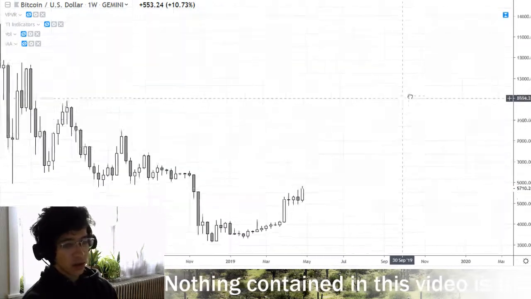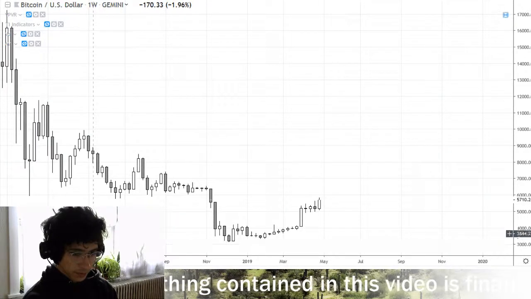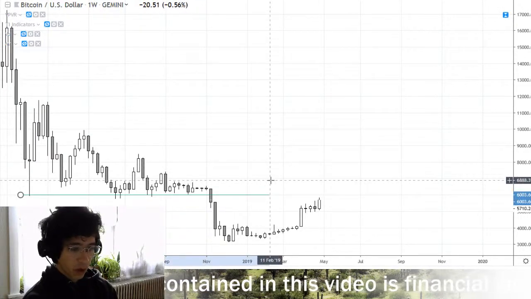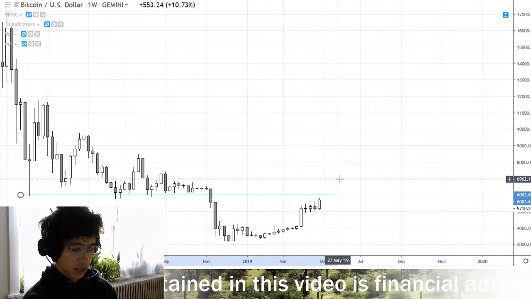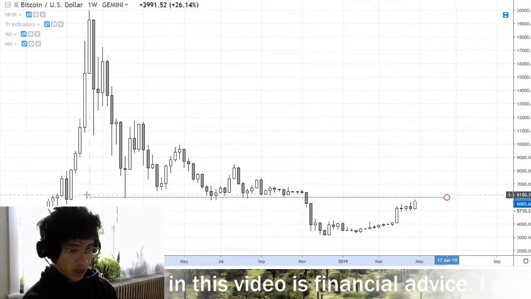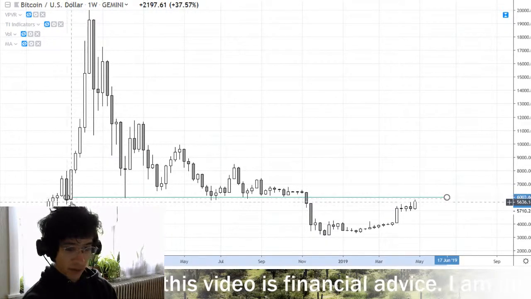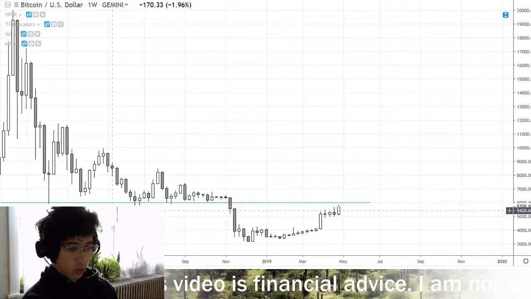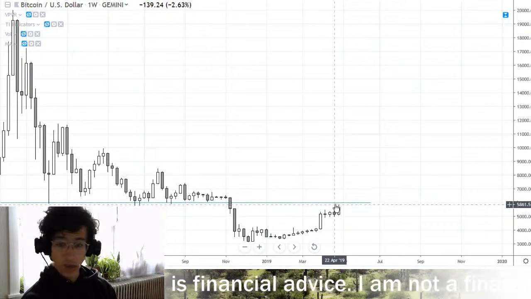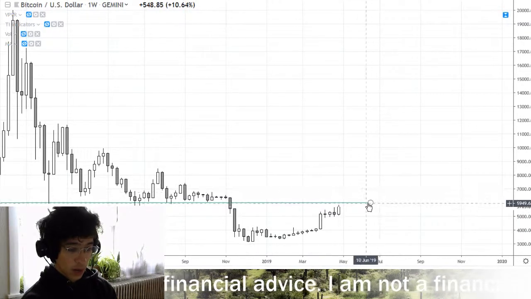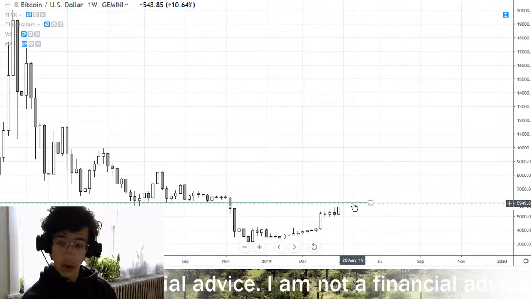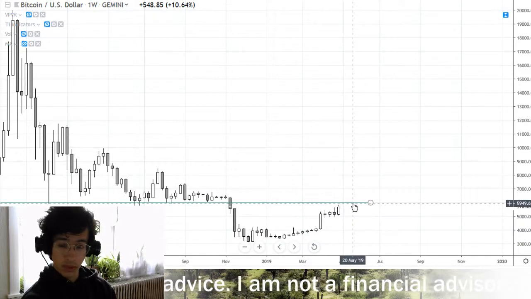And, ooh, here's another thing I want to talk about. 6,000 held with Bitcoin for all of last year, really, until November. Because this was support since November, really, what does support now become? It becomes resistance. So if I was in this trade, where would I look to start taking profit? That would be where the top of the previous support is.